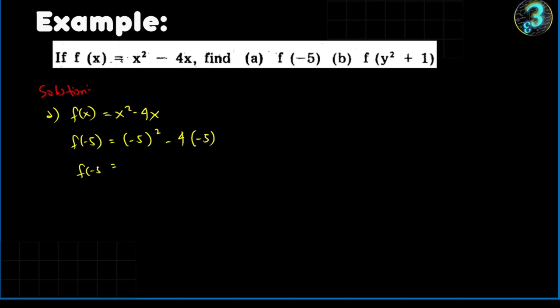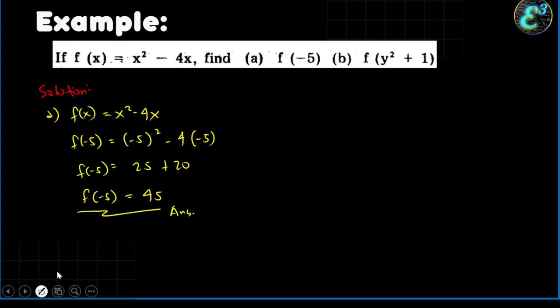So f of negative 5 is equal to negative 5 squared, that would be 25, plus negative 4 times negative 5, that will be positive 20. So our f of negative 5 is equal to 45, and this is now our answer.